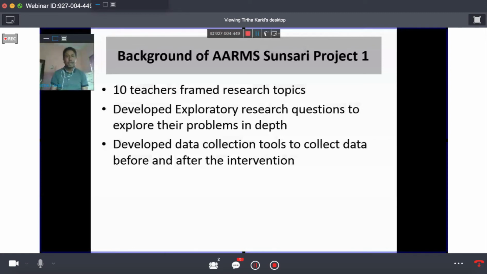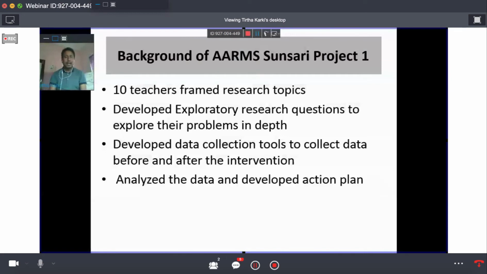Before they implemented any particular strategies, and after they implemented particular strategies, again they collected the data, and they compared the data before they introduced their intervention strategies with the data after, and they compared the changes, whether their intervention strategies functioned or not.